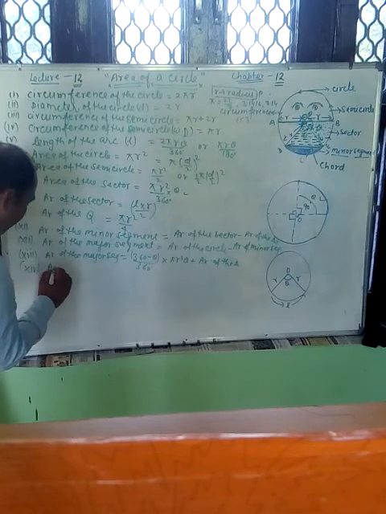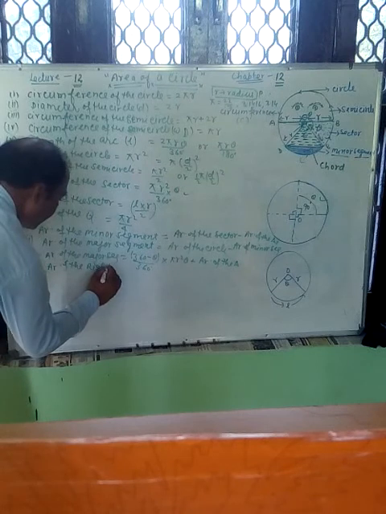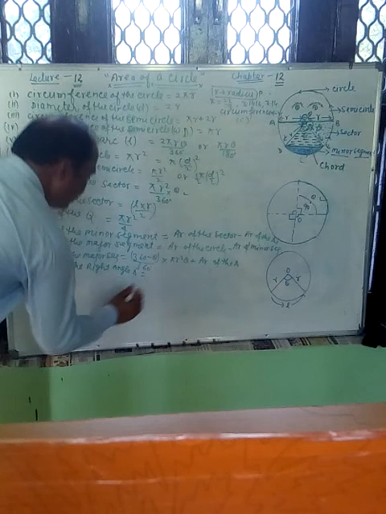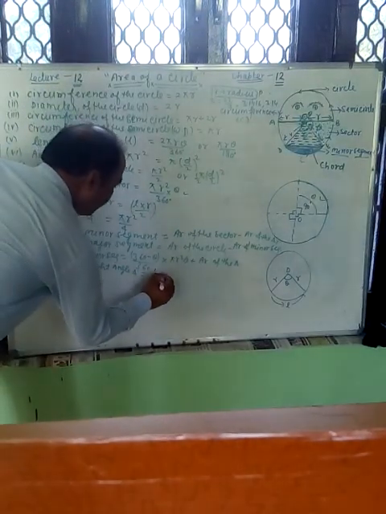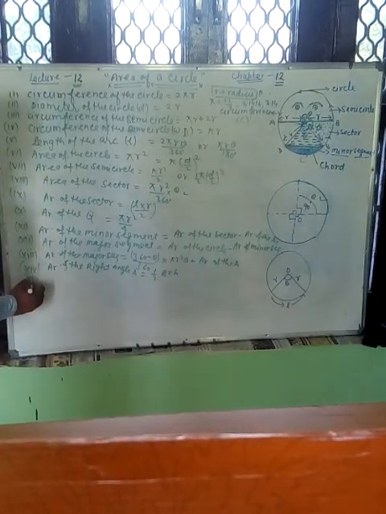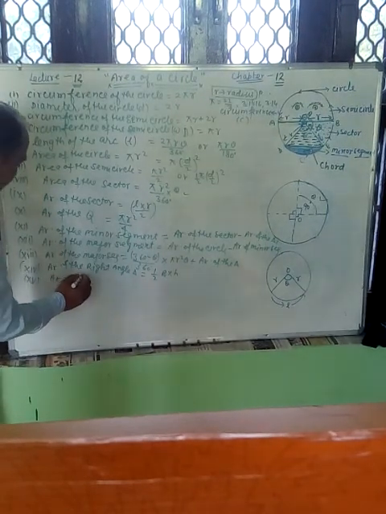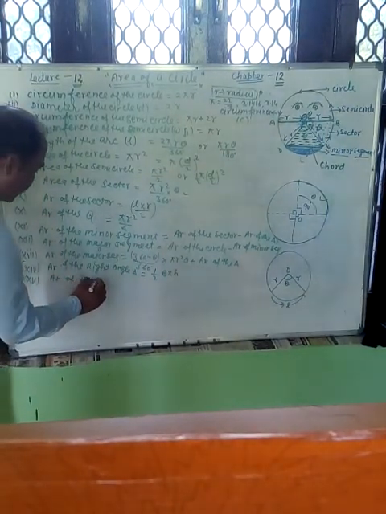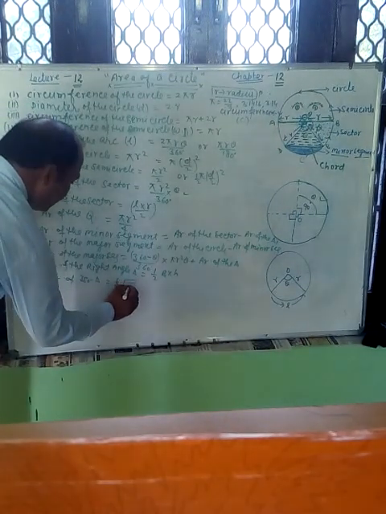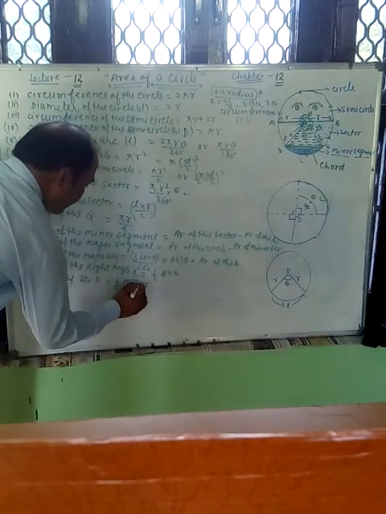Area of the right angle triangle is 1/2 base into height. Okay, then 15th is area of an isosceles triangle, which is b/4 into root 4 a square minus b square.